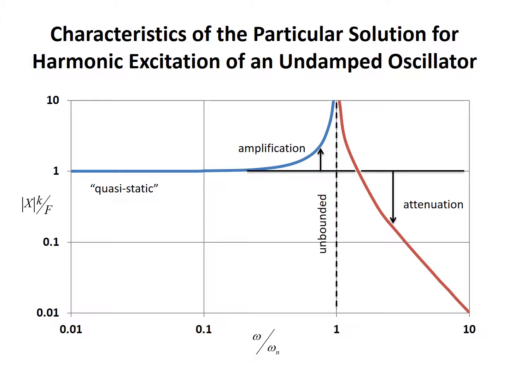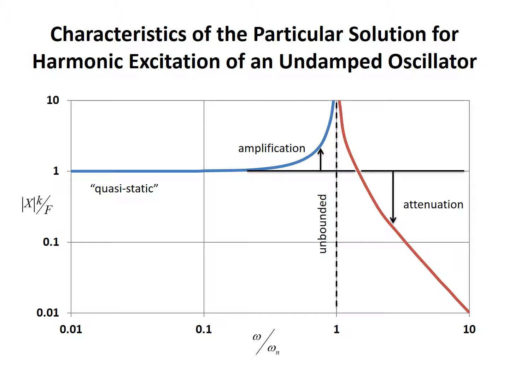Now, in the second regime that we discussed, when omega over omega sub n is much larger than 1, the amplitude of the force response is attenuated. The difference between the blue and the red curves denotes the fact that at low values of omega over omega sub n, the two responses are in phase. At large values of omega over omega sub n, values greater than 1, the response is attenuated and it is out of phase.